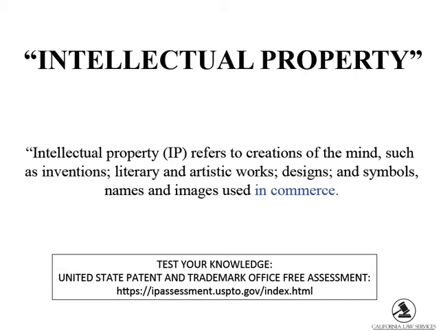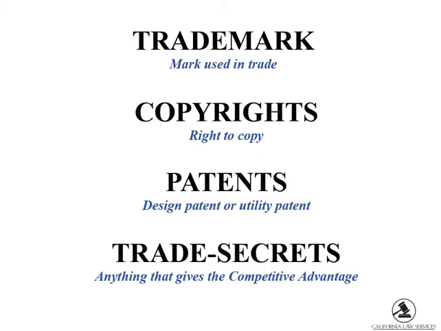The United States Patent and Trademark Office is a regulatory body in the United States that regulates patents and trademarks. They have a free assessment. You can take a look at it and figure out how many intellectual properties you have. If you want the link, if you didn't get that, just send me an email after this webinar and I'll make sure I send that link to you.